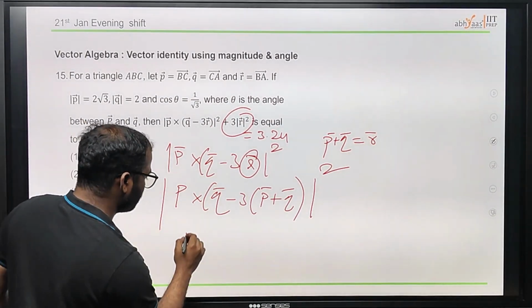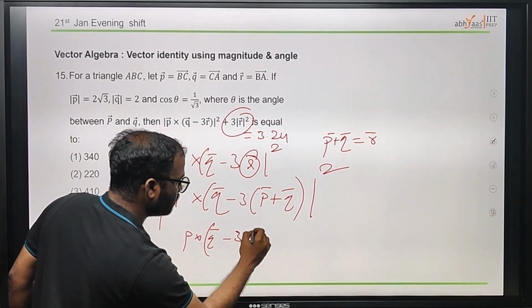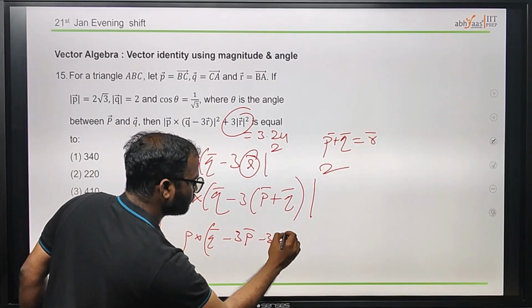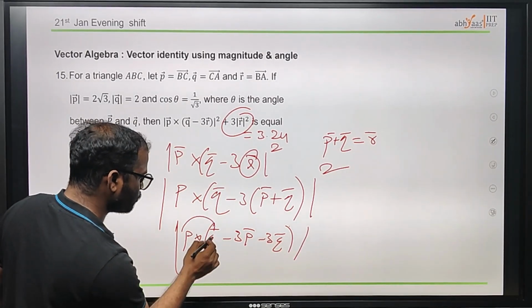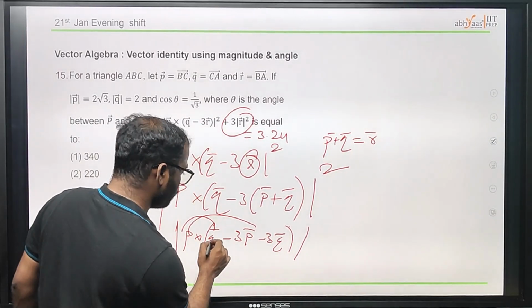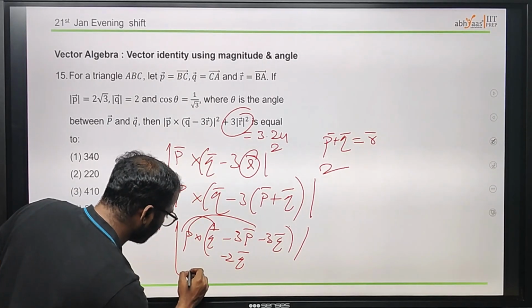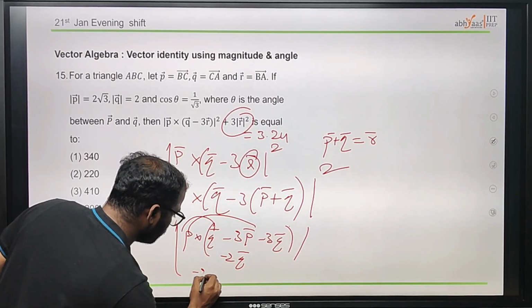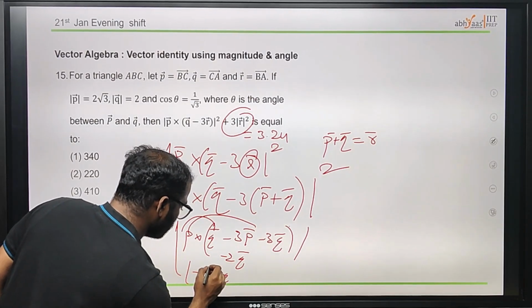We can take it like p cross q bar minus 3p bar minus 3q bar. When we do p cross p bar there will be 0, and we have q bar and 3 bar, that will be minus 2q bar. Just take the 2 outside, that will be 2 p bar cross q bar.